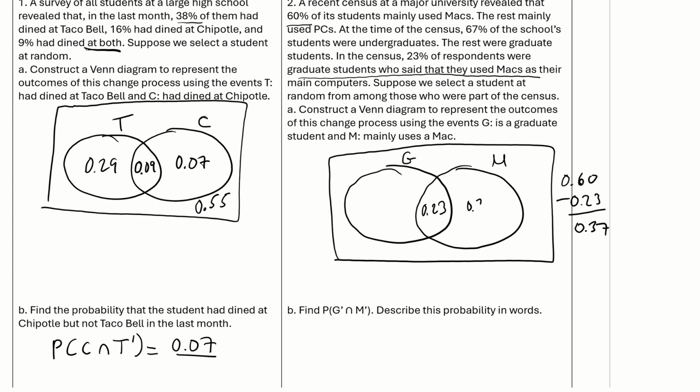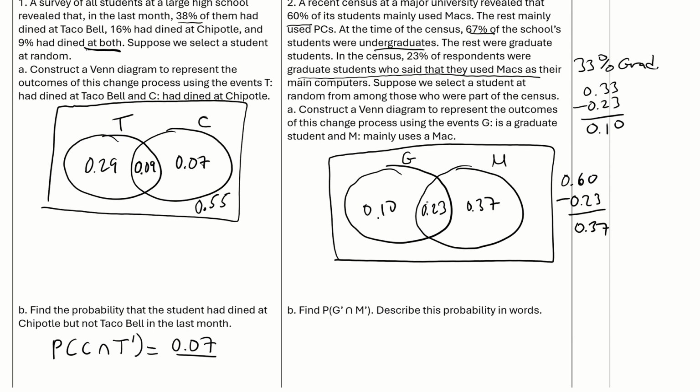So this is 37% of users who use Macs but are not graduates. And then they said that 67% were undergraduates. That means 33% were graduates. So we got to do 0.33 minus 0.23, which is 0.10. So this has got to be 0.10. That way this adds up to 33%.